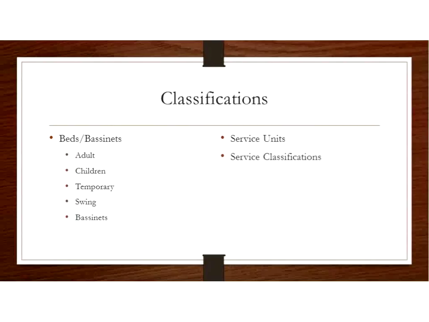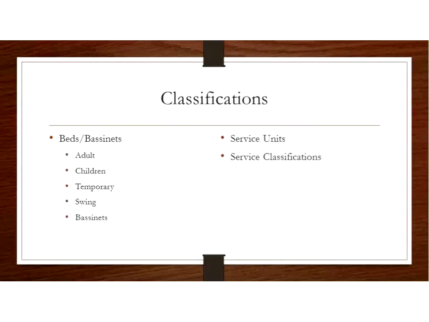You've got medical, surgical, obstetrics, and newborn. Those are four basic common service classifications. Obstetrics, we already know those patients come in with pregnancy conditions, whether to give birth or to deal with some condition related to their pregnancy.